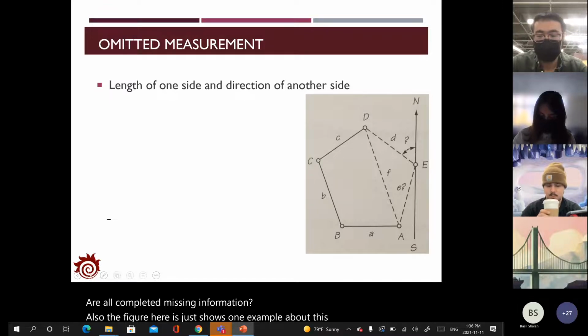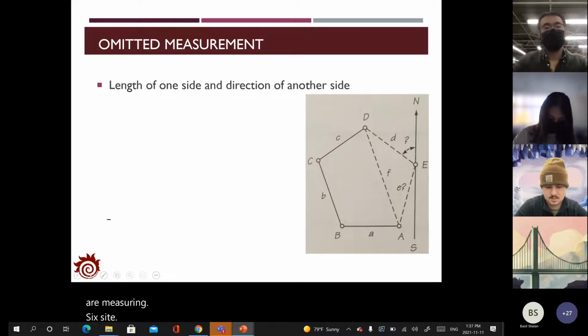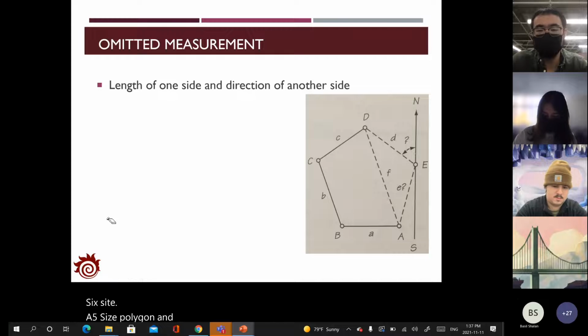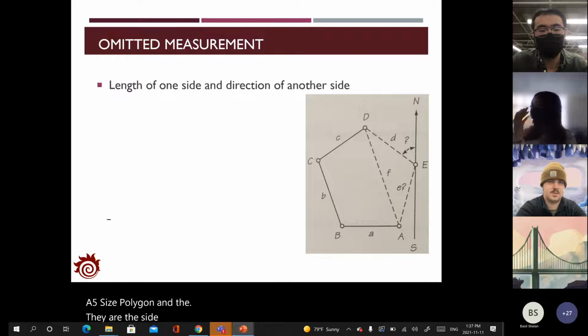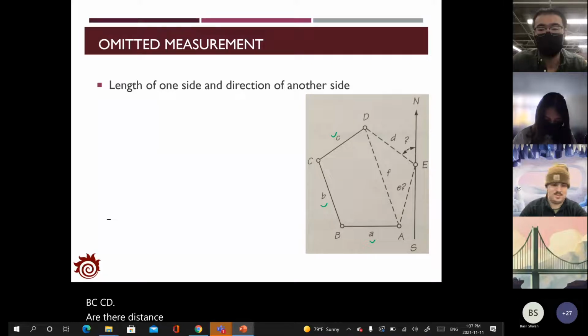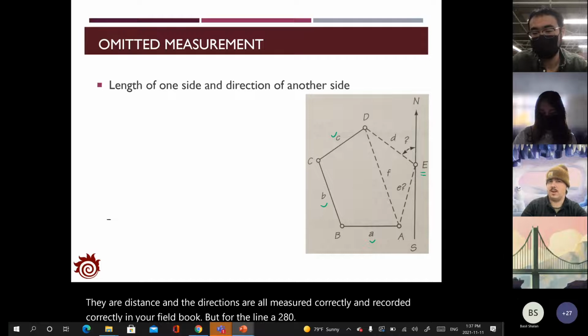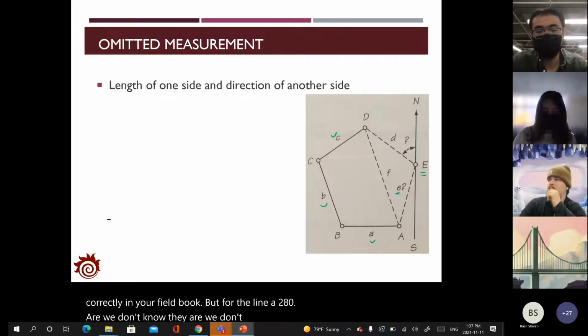We are measuring a 5-side polygon, and the sides AB, BC, CD, their distance and the directions are all measured correctly and recorded correctly in your field book. But for the line A to E, we don't know the distance.